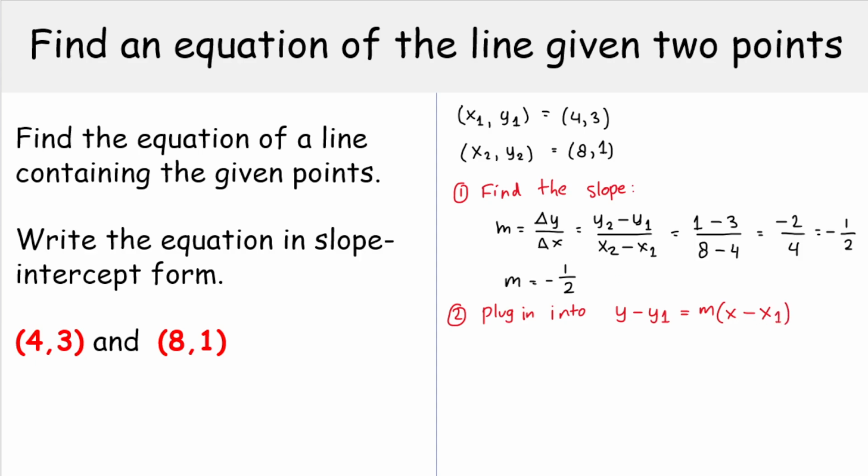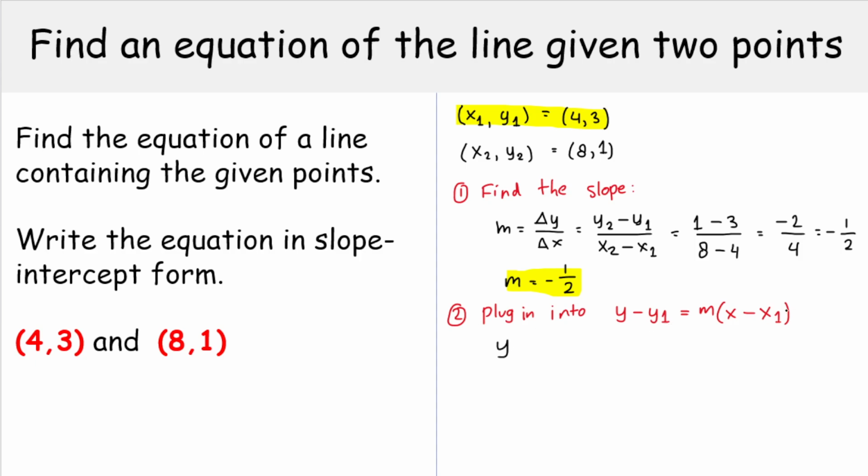So we only care about the first point and also the slope, right? Let's plug that in. Remember that y without subscript is not a numerical value, but with subscript, it is a numerical value.